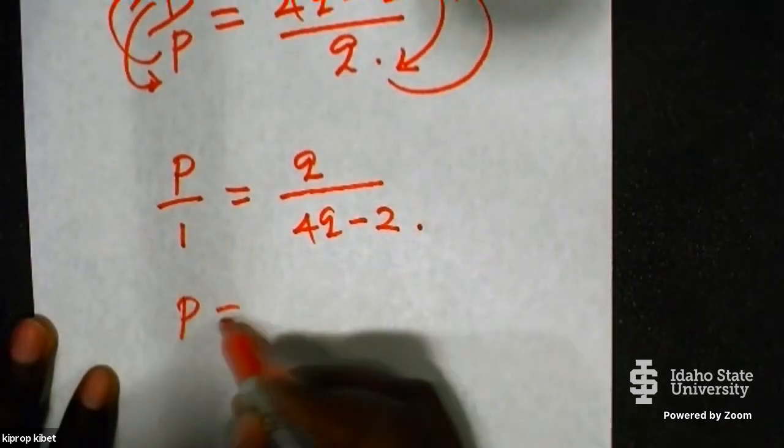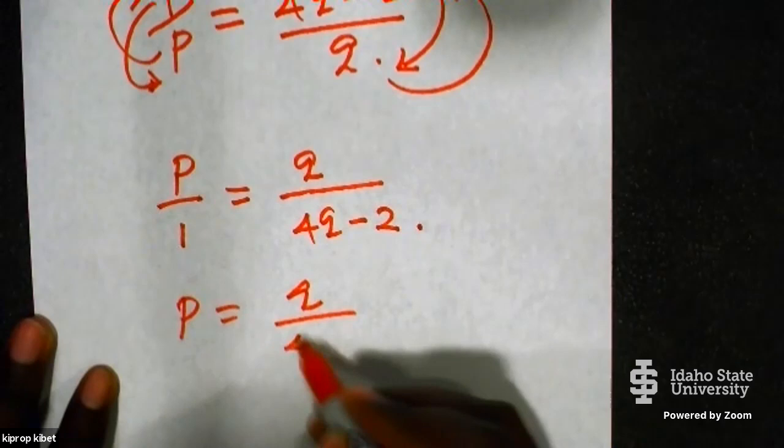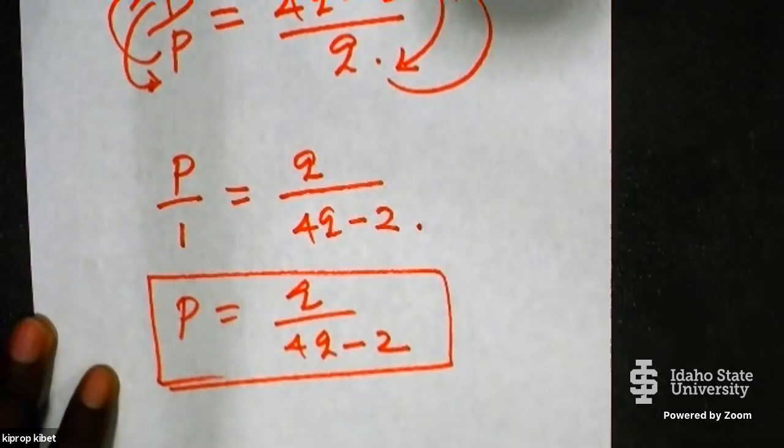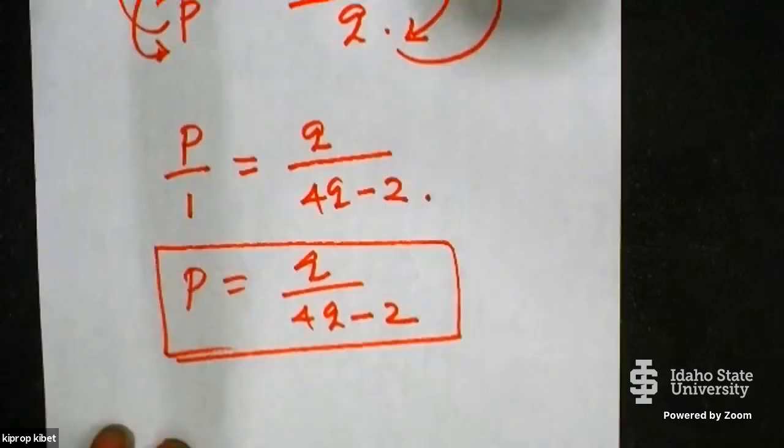So finally, p equals q all over 4q minus 2. We have made p the subject.